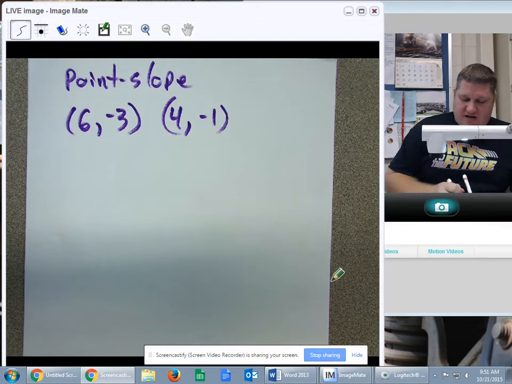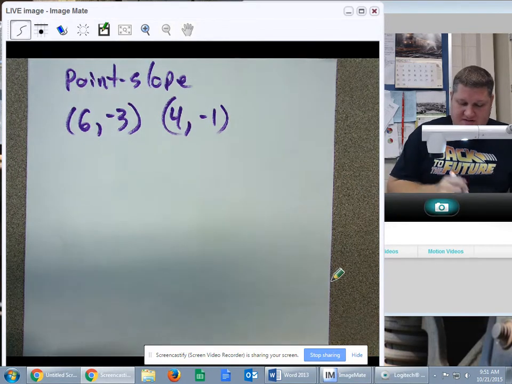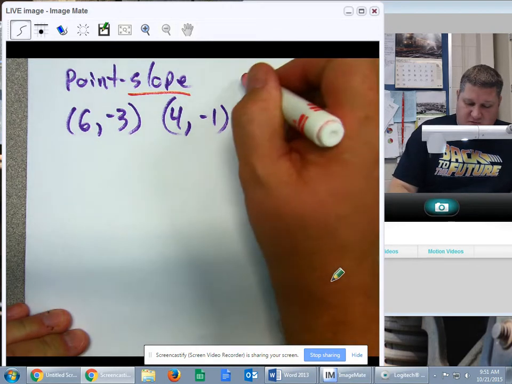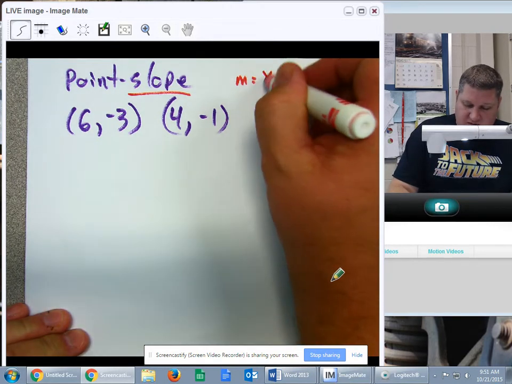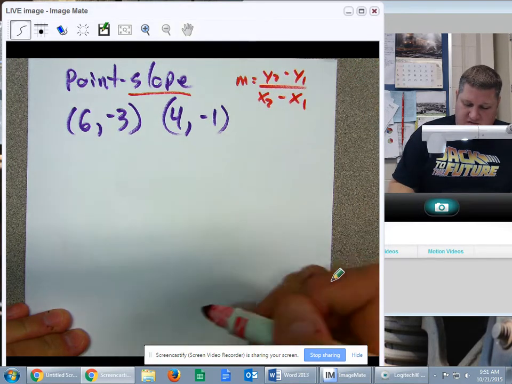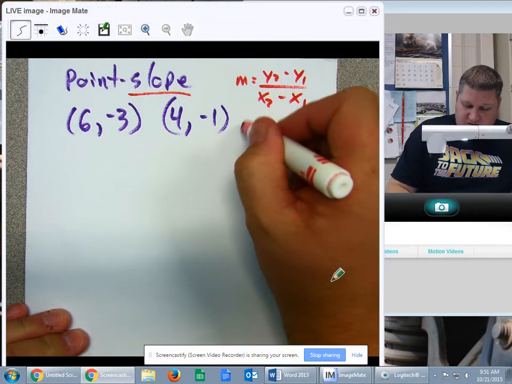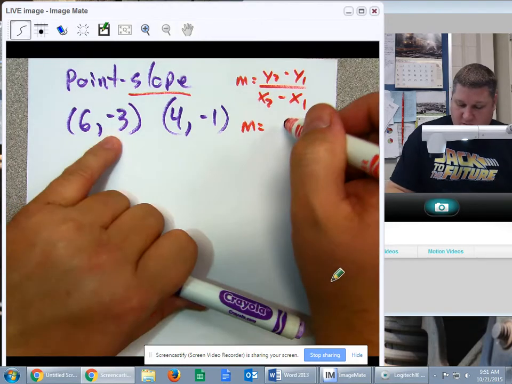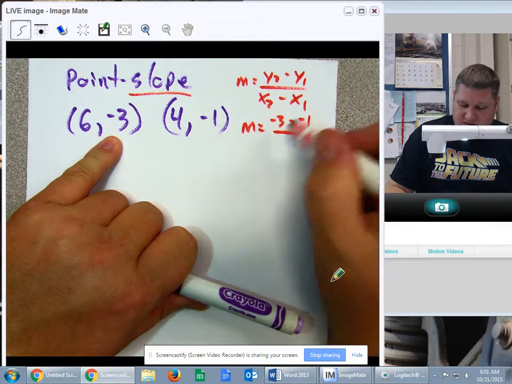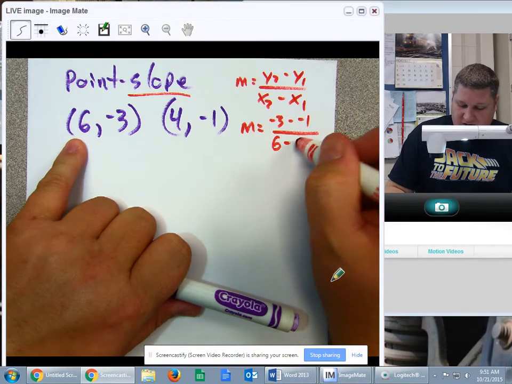Now, the thing is, I have 2 points and I don't have a slope. But that's easy enough to find. The formula, of course, for slope is m equals y2 minus y1 over x2 minus x1. So in this case, m, the slope, equals -3 minus -1. Don't forget the negative. And 6 minus 4.